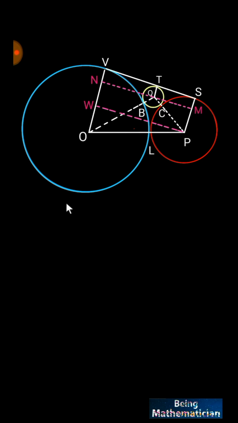Now consider the triangle NOQ. In triangle NOQ, that means this triangle, this angle is 90 degree.